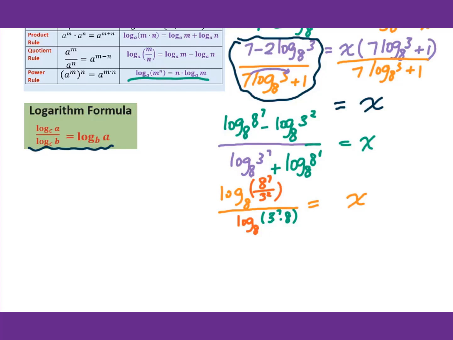That is the change of base formula. We got log base 3 to the 7th power times 8 of 8 to the 7th power over 3 squared. That equals x. We put it into the calculator, x equals 1.27. That will be the x value.